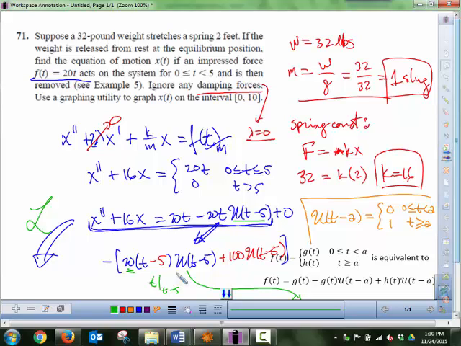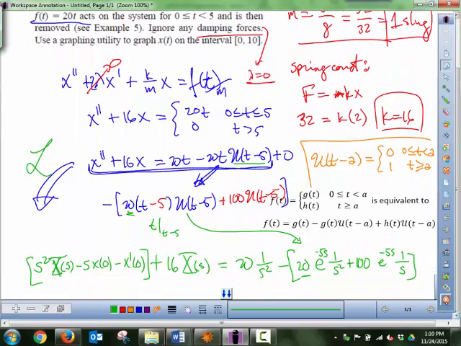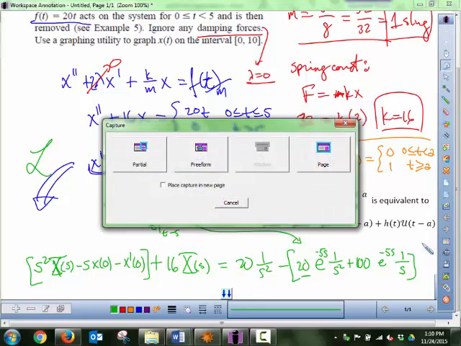All right. So now we have this function in the S world.